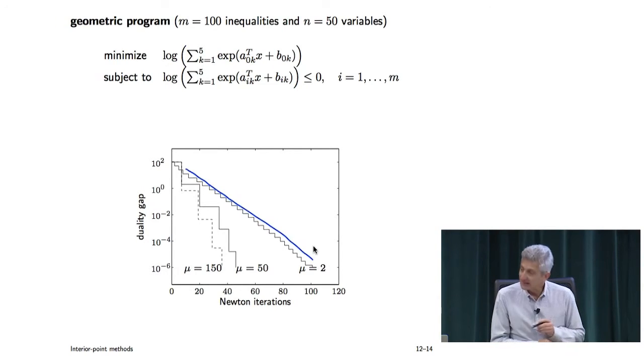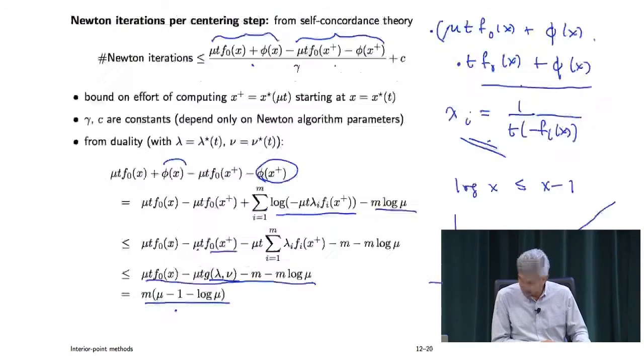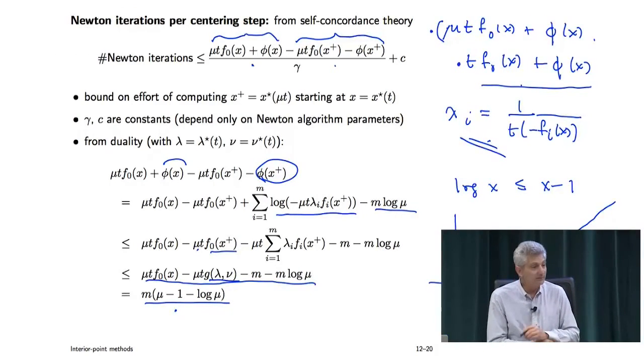So something like that, mu equals 2, that's pretty aggressive. But if you had mu equals like 1.05, it would just be 1 Newton step per iteration, right? It'd take you a long time, but it would be 1 Newton step per iteration. And that's actually predicted exactly by this right here, right? And then it says as mu gets bigger, you pay approximately linearly, okay?